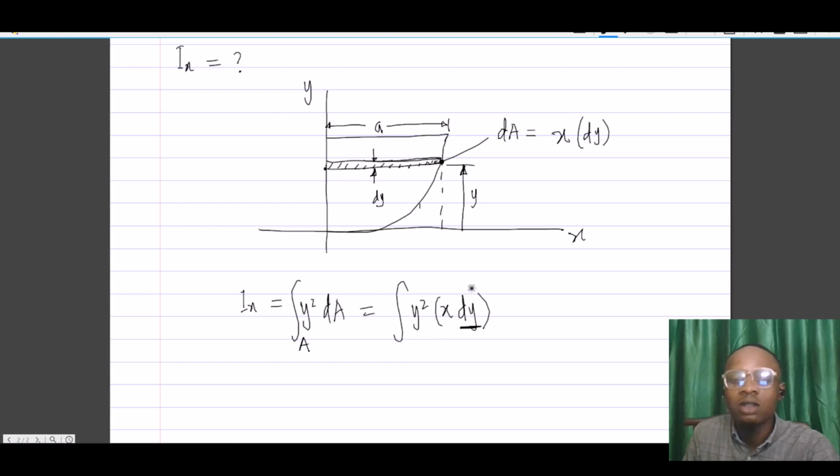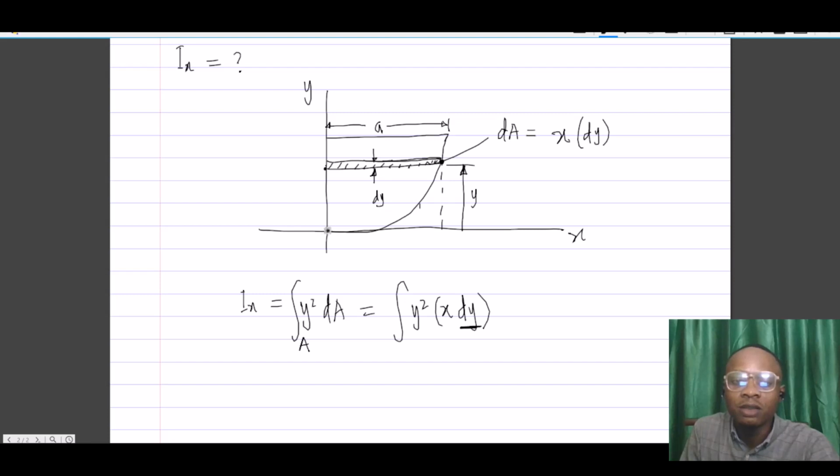So how does the y coordinate vary over the entire area? By default, it means that you have to sweep through. If you want to sweep through the entire area, you have to move this horizontal strip. You have to start from here, place it here, place it here, and continue raising it up until you sweep the entire area.